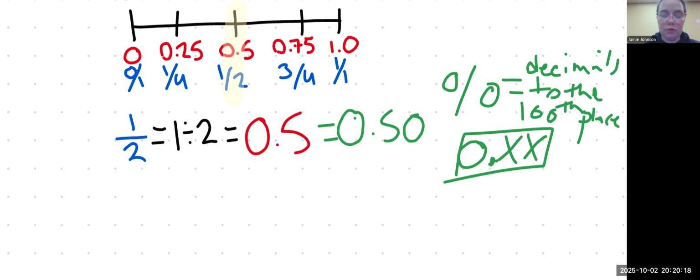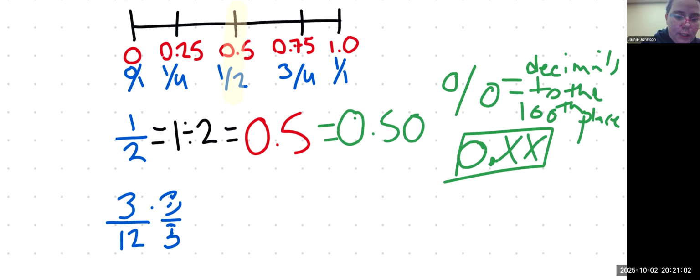If I had something that was 3 inches out of 12 feet, I can reduce that down to whatever the applicable number is. And I know that because 12 divided by 3 is 4, and I can divide both of these by 3. Ugh, my pen is not working.